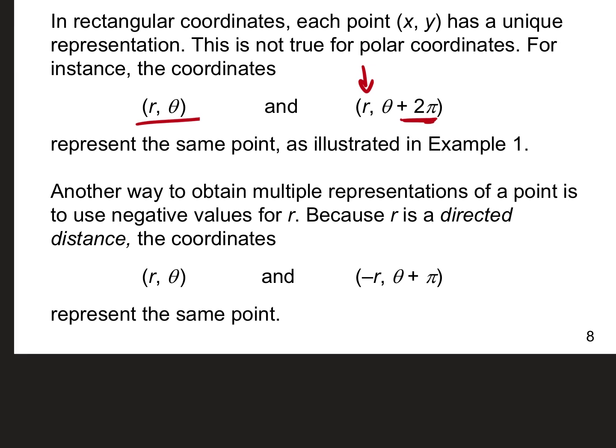If you change the sign of r, to the opposite sign, then you can add just a single pi.